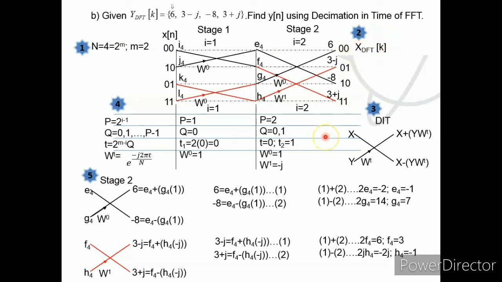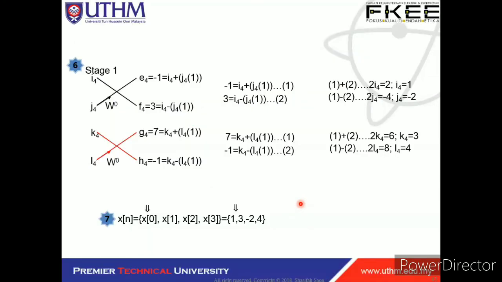So you can solve by referring to this solution. And lastly you will get x[n]. This is like you do the inverse Fourier transform to get the discrete signal.